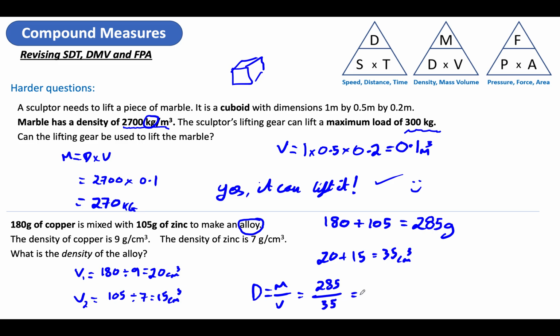So 285 divided by 35 is, and it doesn't give me an accuracy to work to, so I'm going to do 2 decimal places, 8.14. If you did 1 decimal place, that's fine, or if you write the whole thing down, that's also fine. As long as you've got 8.14 grams per centimeter cubed. Okay, well done.